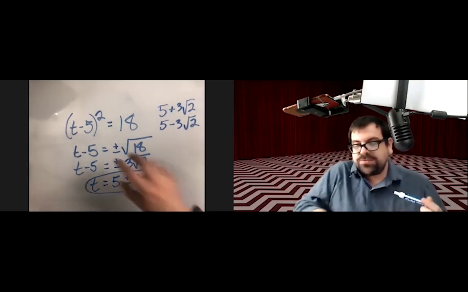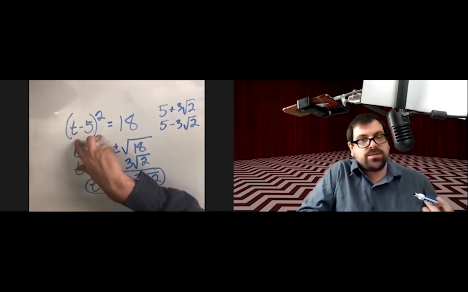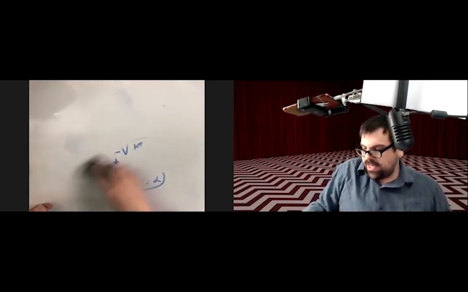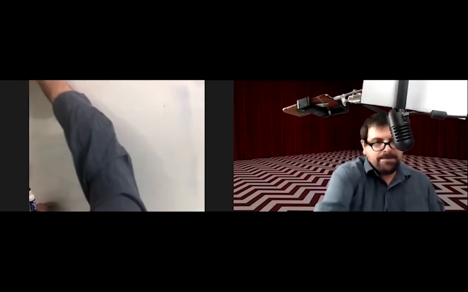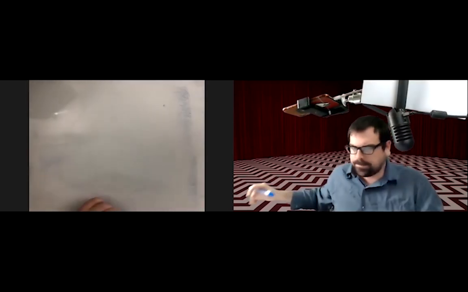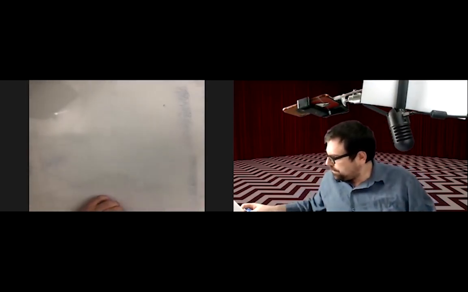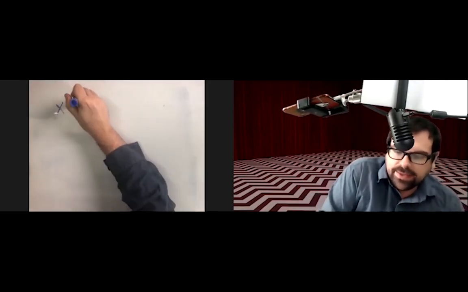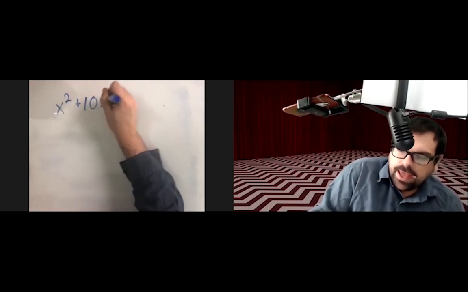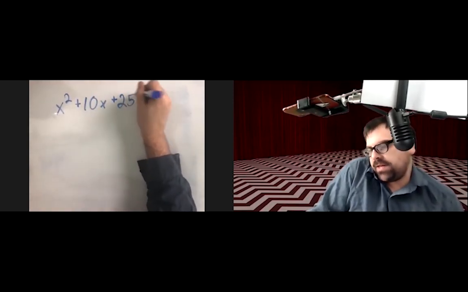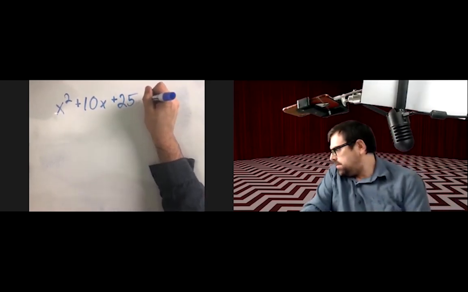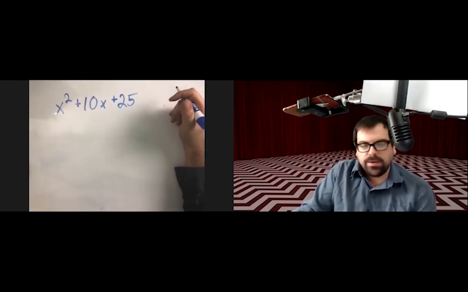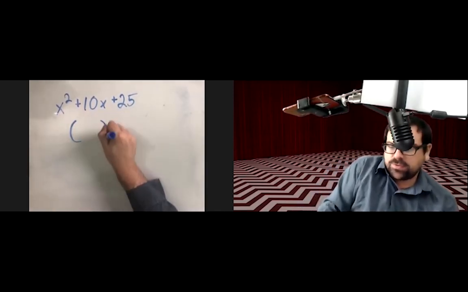So it becomes useful to have quantities squared, because then we could apply this square root property. So we would like seeing things like x squared plus 10x plus 25 in a problem, because this is a perfect square trinomial.